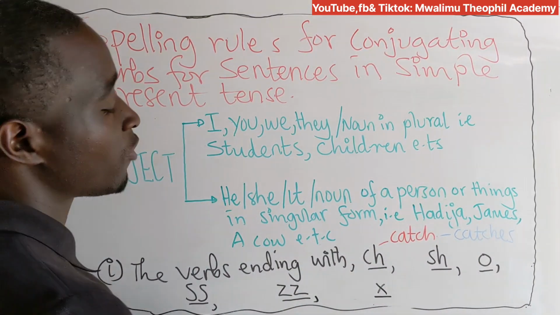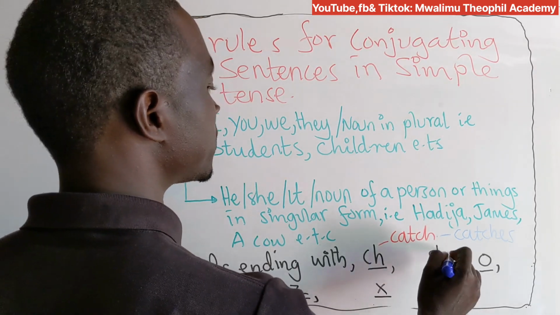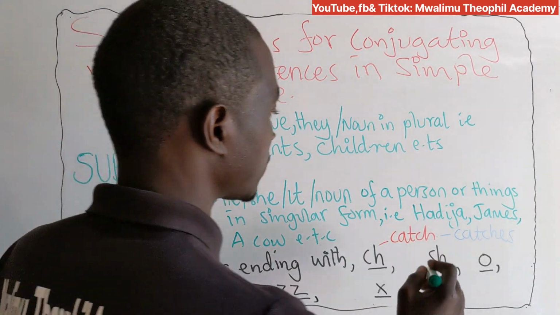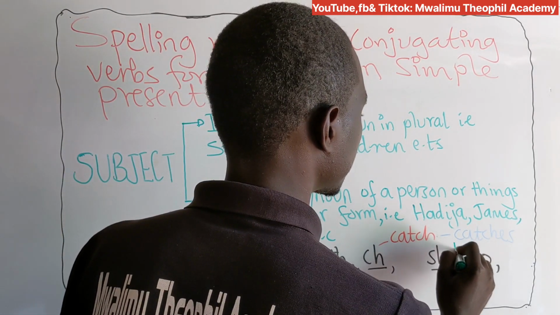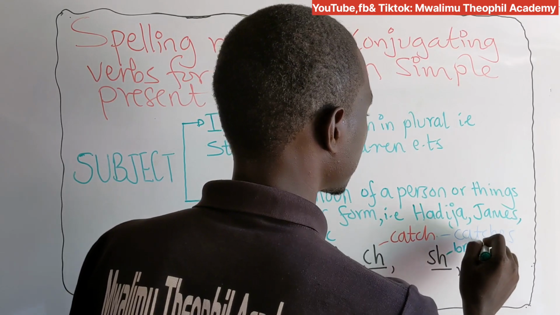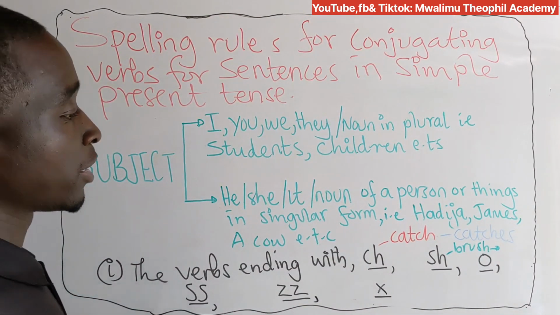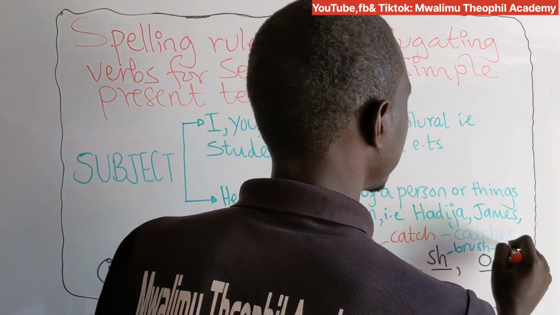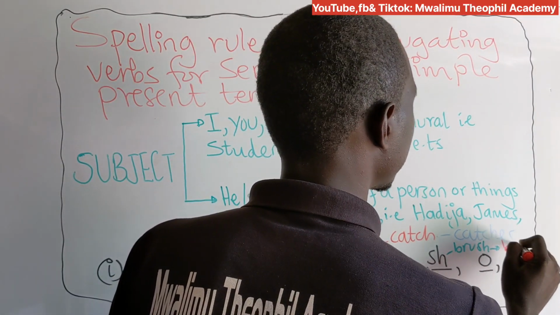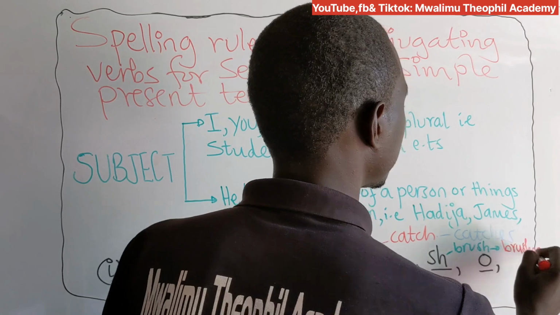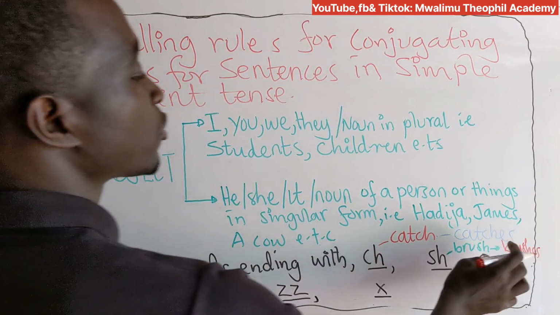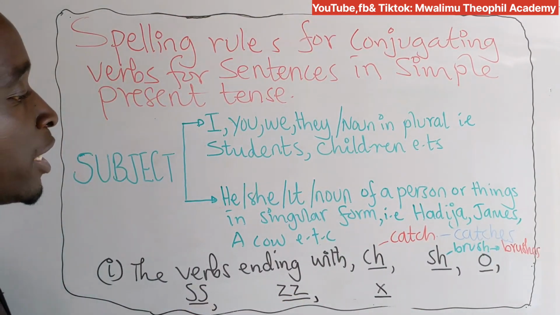A good example of a verb ending with the sh is brush. Our verb to brush becomes brushes. We add also es.